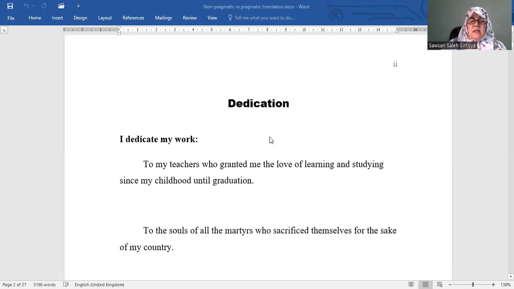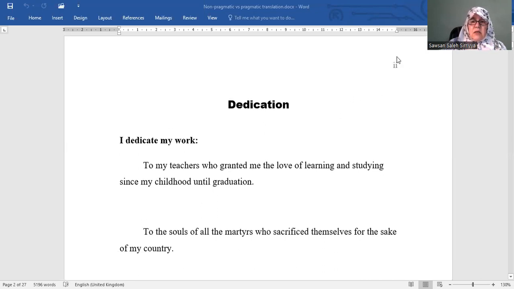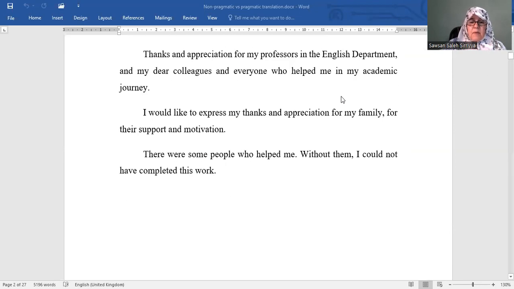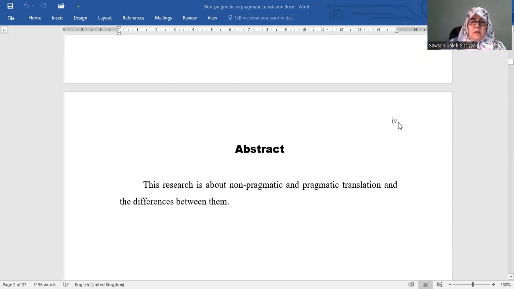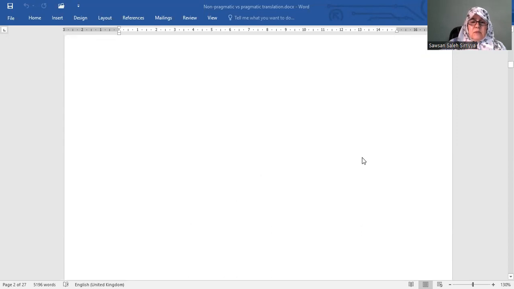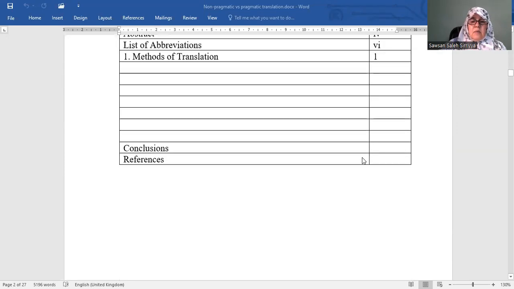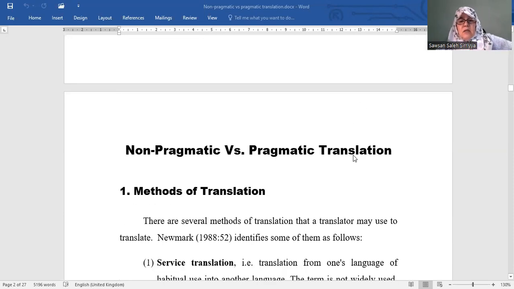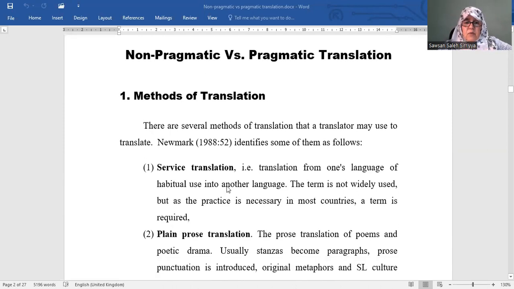This is the dedication. Notice it is numbered in Roman numerals. The dedication and the acknowledgements are also numbered in numerals on the right side of the paper. The abstract, then the table of contents, the list of abbreviations, again Roman numerals. Now, when we start the paper, the body, this is the title of your paper.